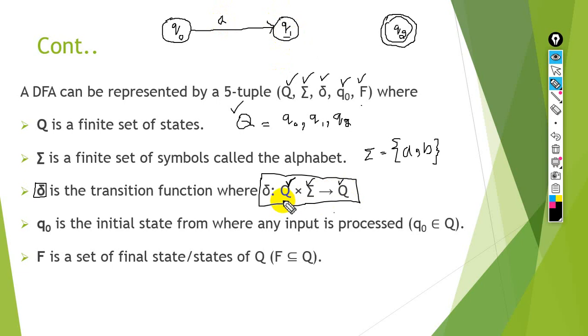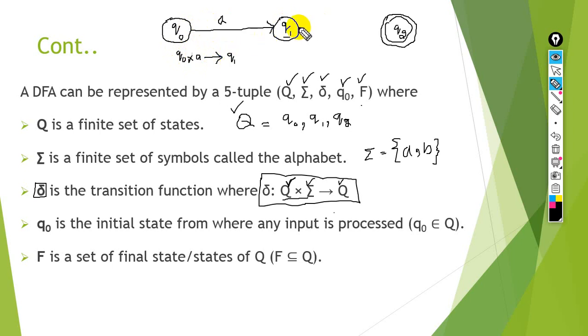So in DFA, the transition function will consist of a state, which is Q0 for this, and a letter. So Q0 multiplied by A will move to Q1.